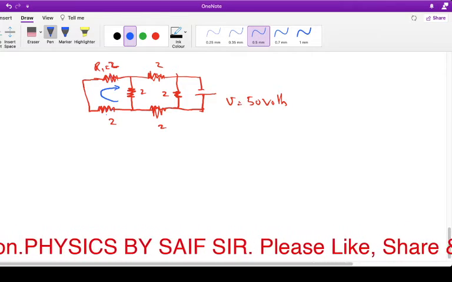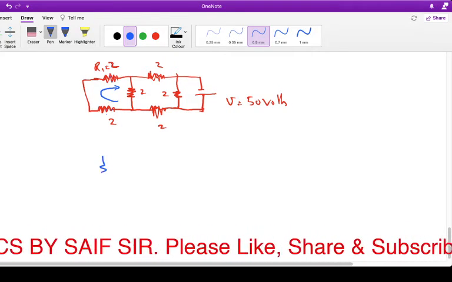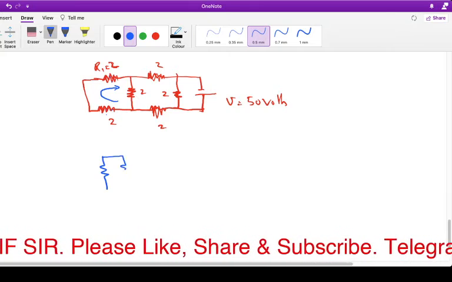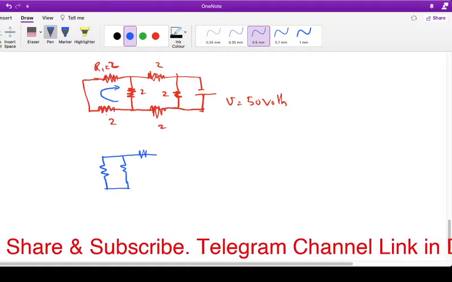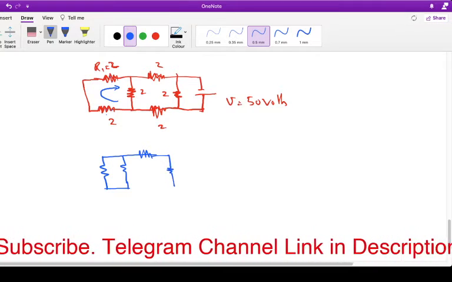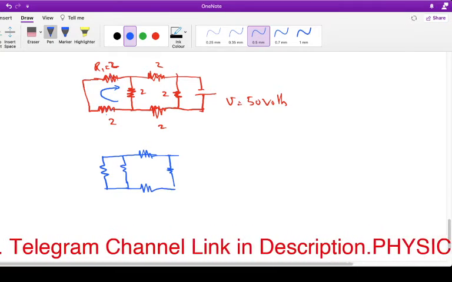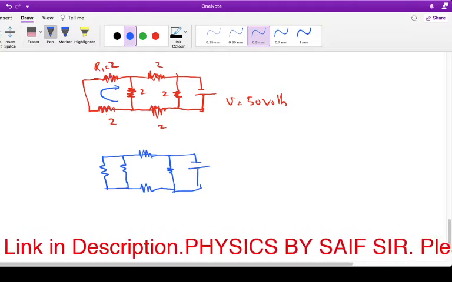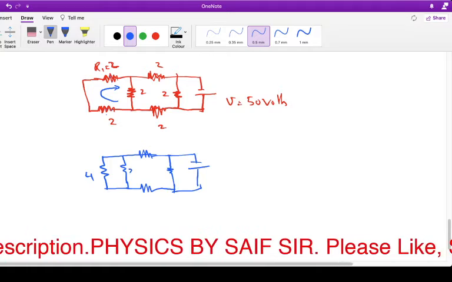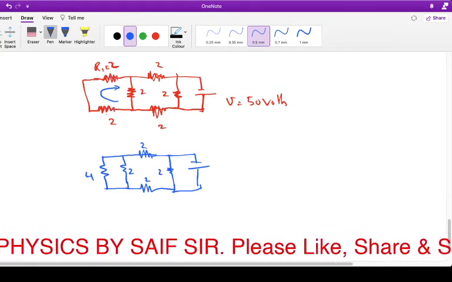So what it will become? It will become 4 ohms. 2 plus 2, it will be 4 ohms. Okay, this will become 4 ohms, and the other resistors are 2 ohm, 2 ohm, 2 ohm.